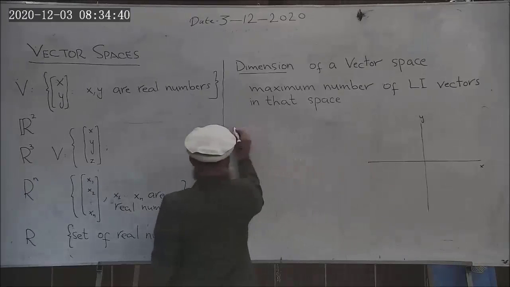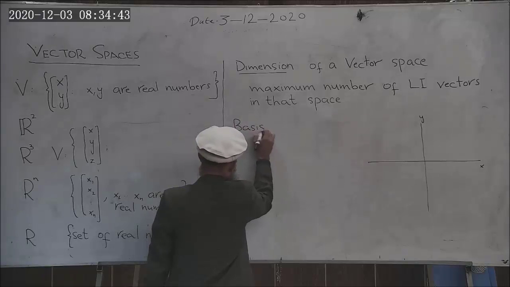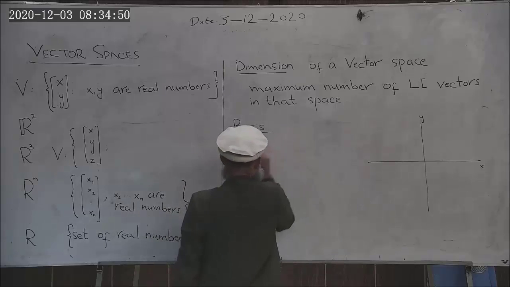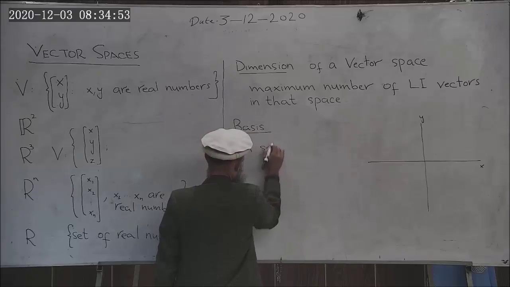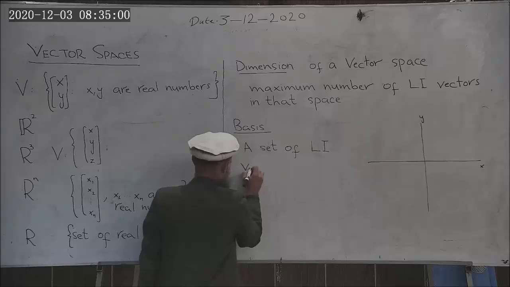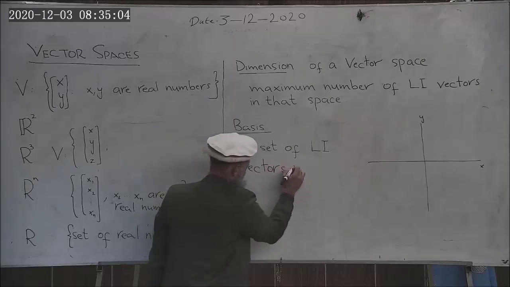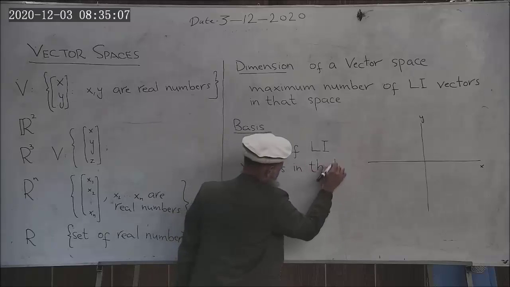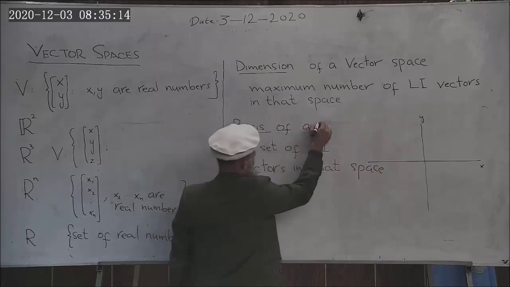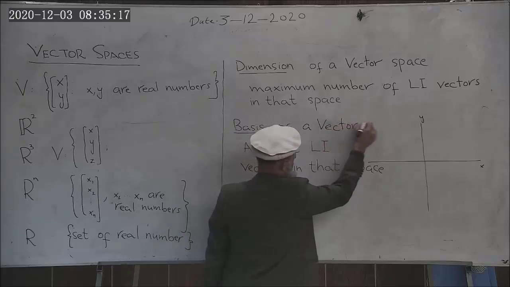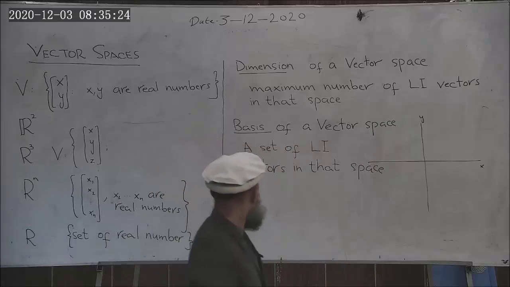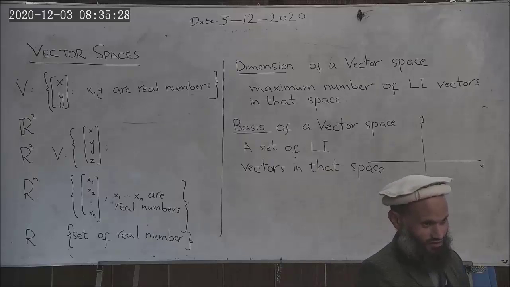So the basis of a vector space is defined as a set of linearly independent vectors in that space.